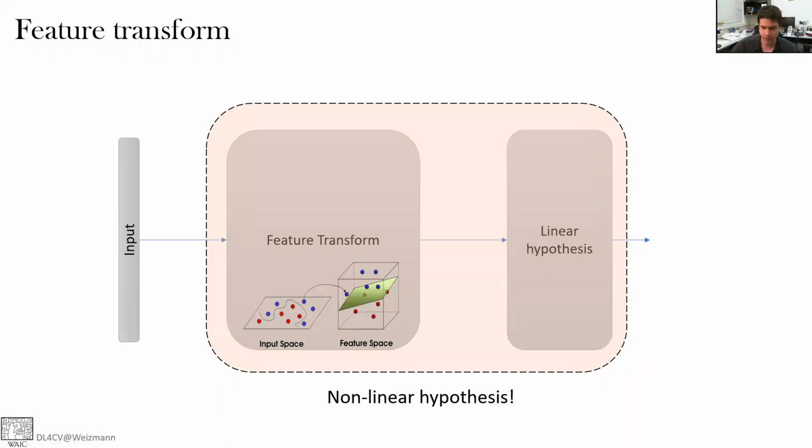But what we're after today, and this is in many ways the greatness of neural networks, is to have this feature transform learnable. We want to learn how to transform our input data.